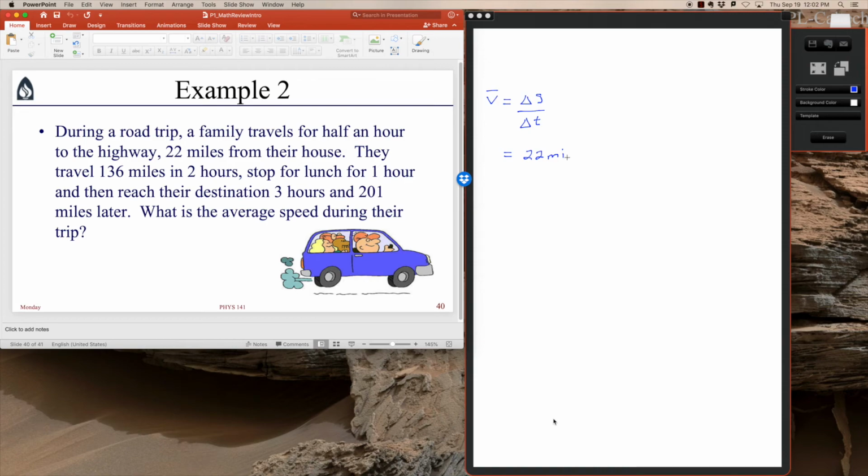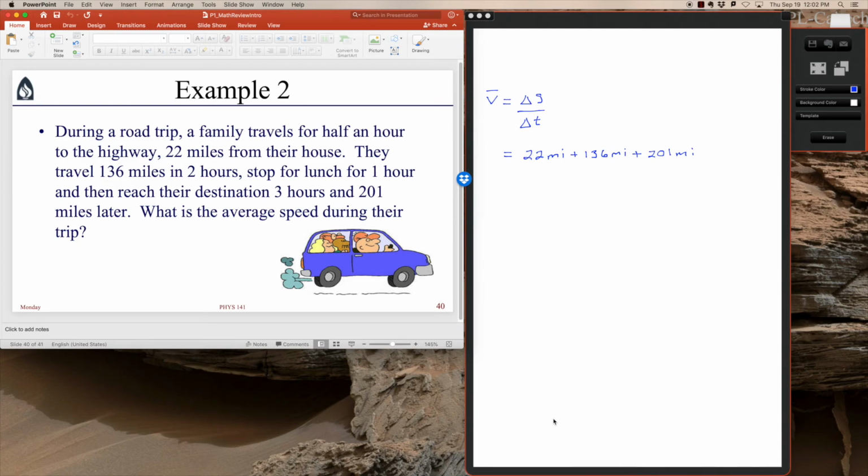So we'd have to add to that the 136 miles. They stop for lunch. Well, they're not moving while they're stopped. And then they reach their destination 201 miles later. So the sum of those quantities would be how far they traveled, their total path length.